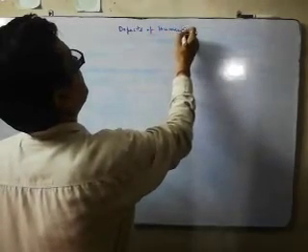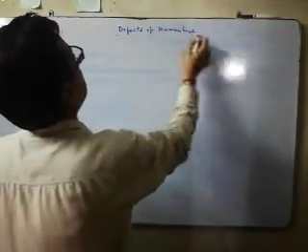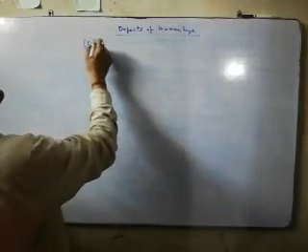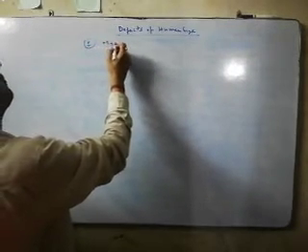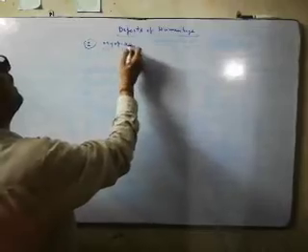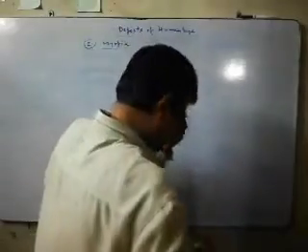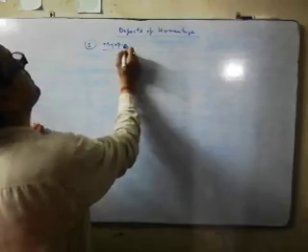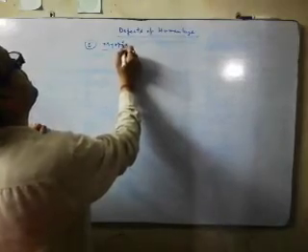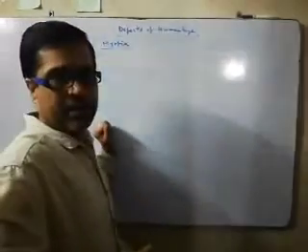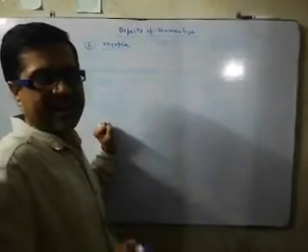Defects of the human eye we were studying, and I was explaining about myopia and its remedy. Myopia and its remedy. How does it happen? Let's think about the cause of myopia and the remedy of myopia.